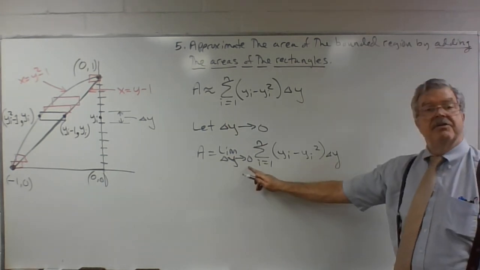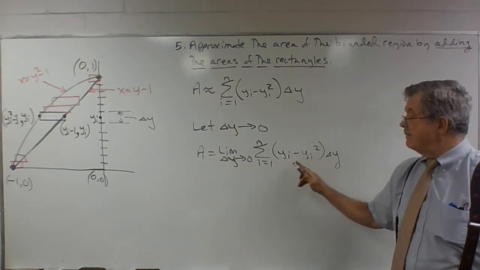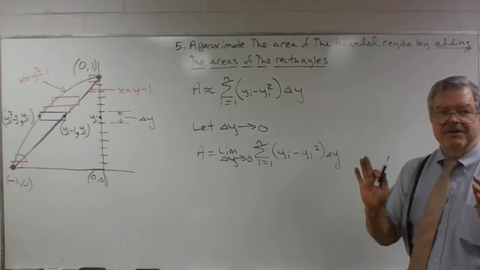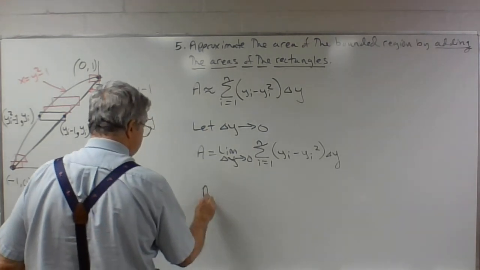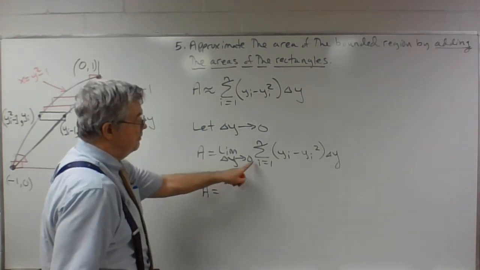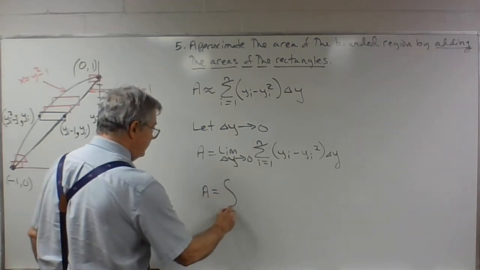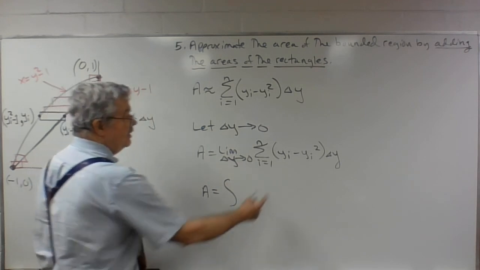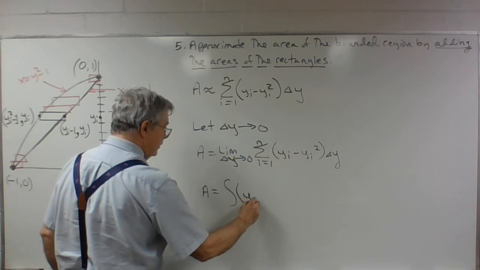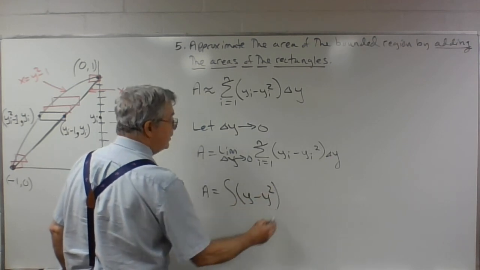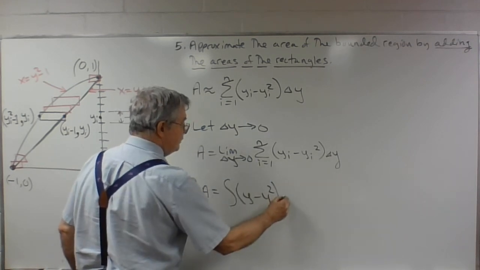We're computing the limit of a Riemann sum. Magic happens. The summation sign turns into an integral sign. The y sub i's turn into y's. And delta y turns into dy.